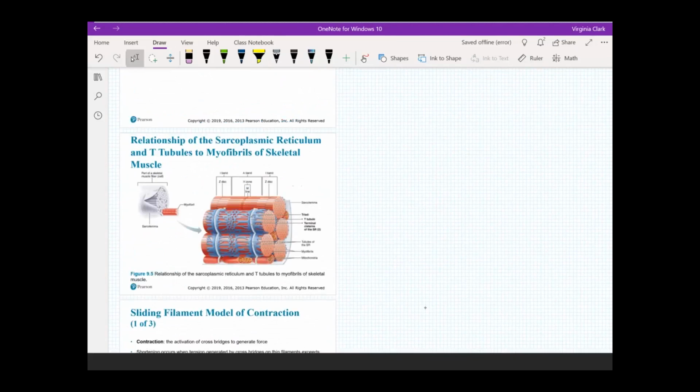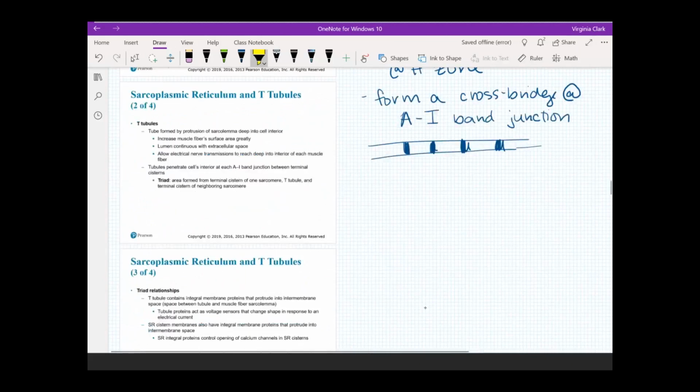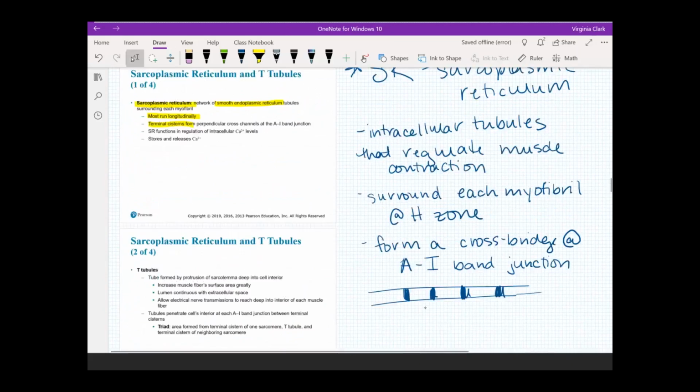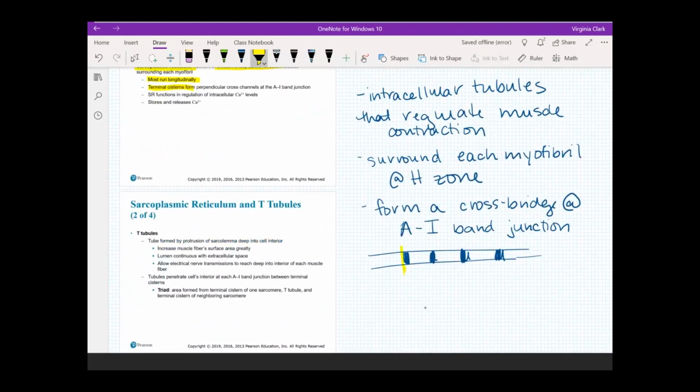So you can see how this guy right here is going to be coming down this I band. He's at a cross section. So that means our sarcoplasmic reticulum is going to form bands down right here, a cross bridge at the I and the A band junction.